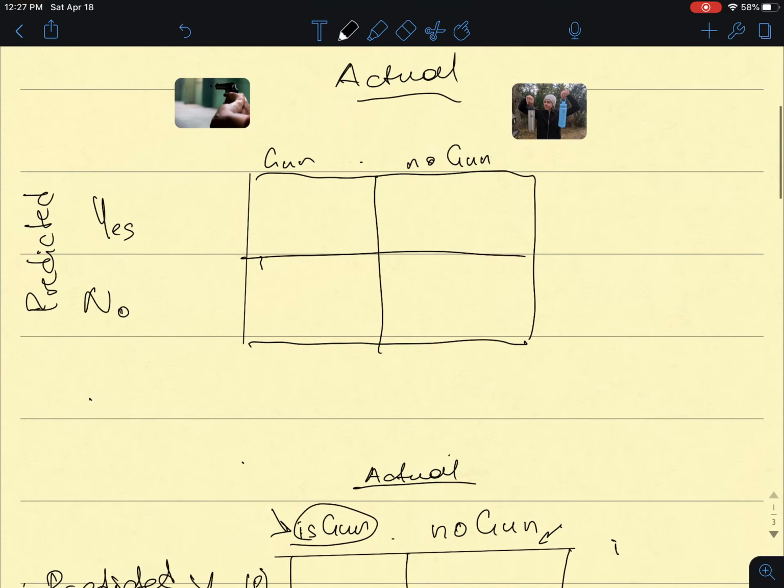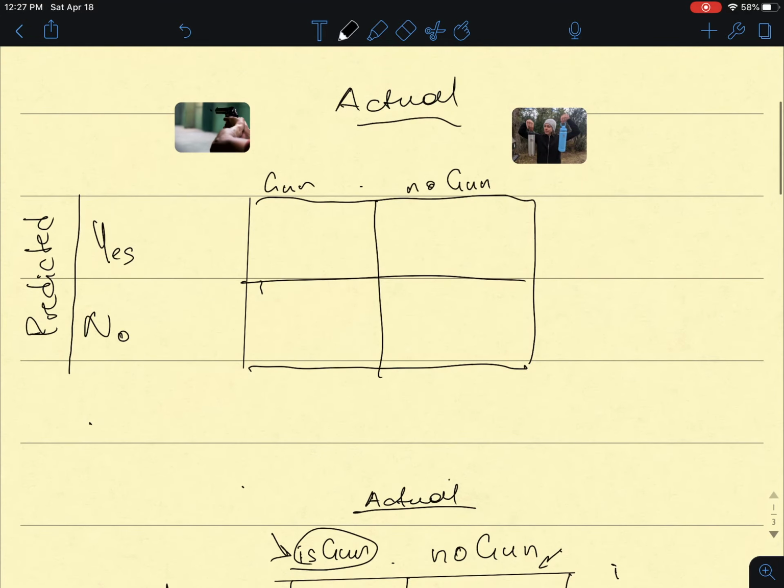Okay, and the rows will represent the prediction of the model. So the first row is yes, the model predicted there is a gun, and the second row is no, the model predicted that there is no gun. Okay, let's talk this through. If there is a gun and the model predicted yes, we're happy. The model does exactly what it has to do. The model predicted yes, but there is no gun.